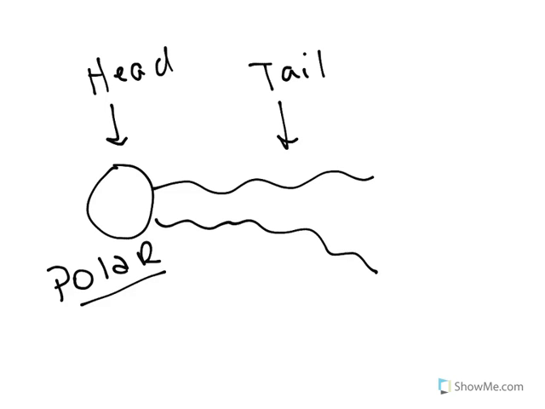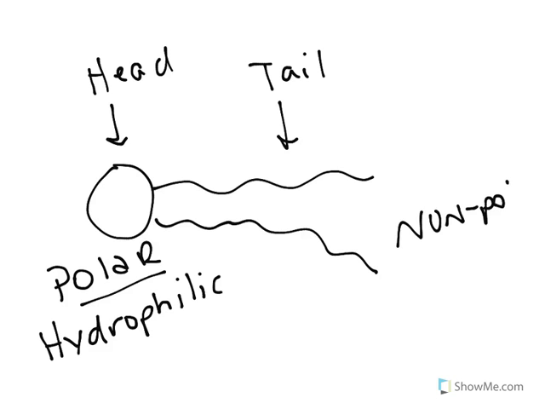So if it's polar, is it attracted to water or does it repel water? What do you think? The answer is that it is attracted to water, therefore it is considered to be hydrophilic. Whereas the tail region is nonpolar. It is not attracted to water, and is therefore said to be hydrophobic.